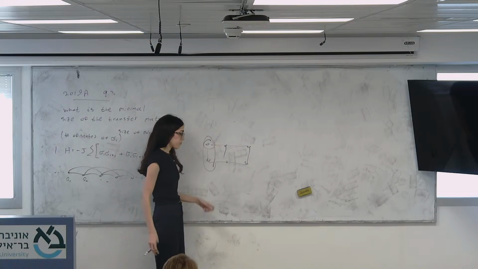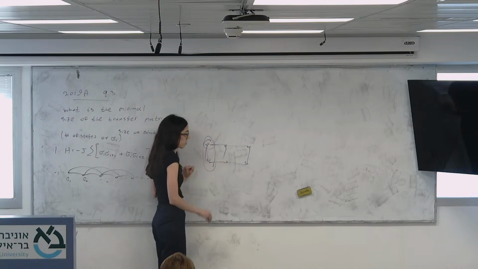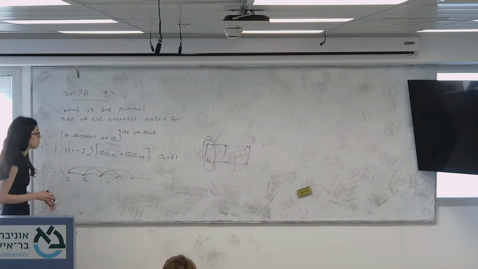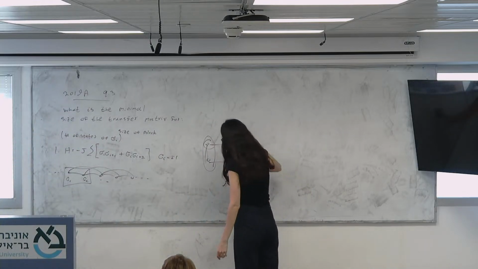So we took something that includes 2 spins, and then it's including this interaction, and this interaction. So we have everything. So if we look at that thing, we can also define 2 spins as a single block.